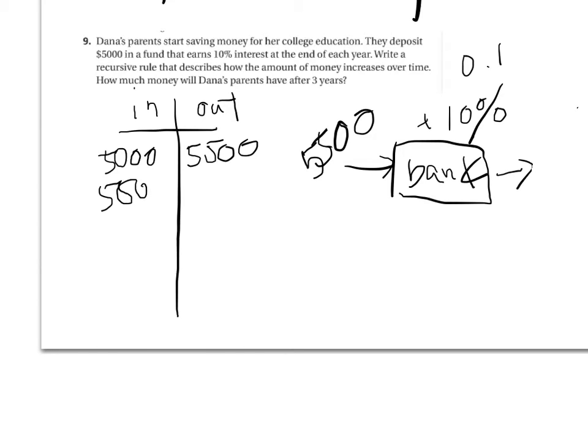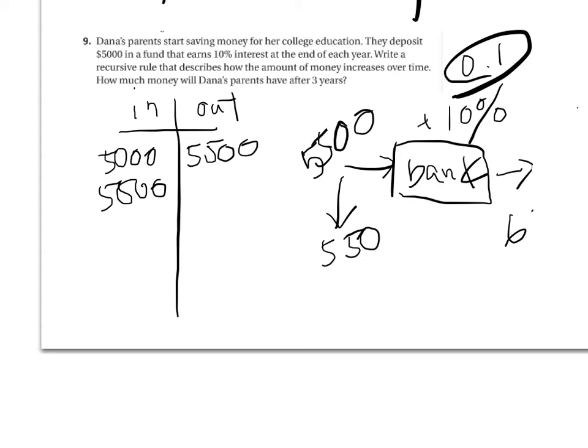So 10% of it, 5,500 times 0.1, is $550. So you're going to add to it, so you get $6,050. So that's what you get for the second year, and so on and so forth.